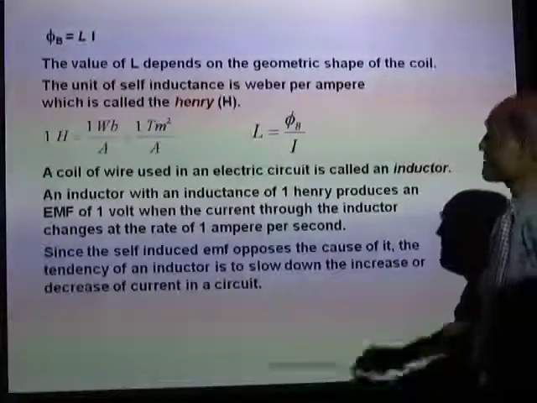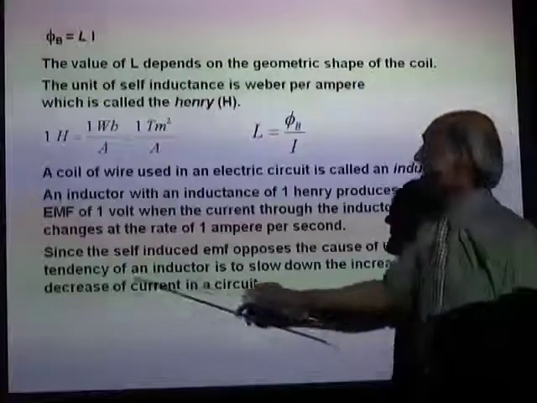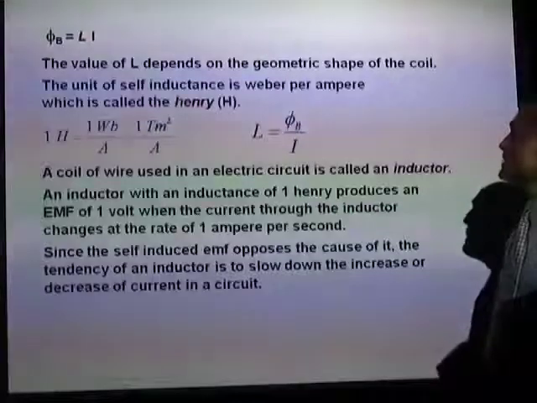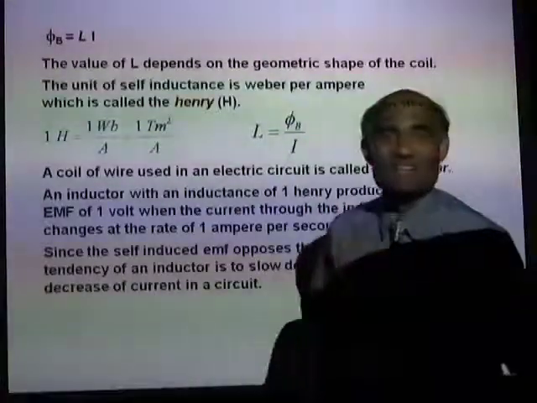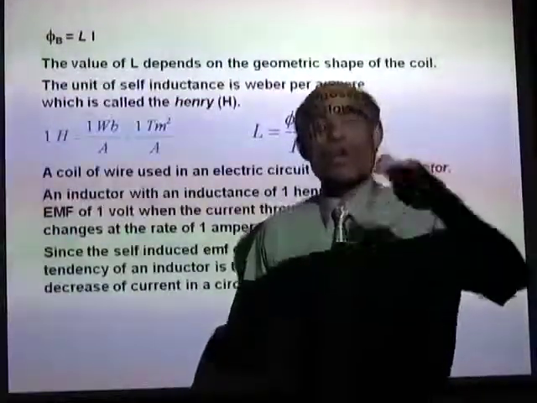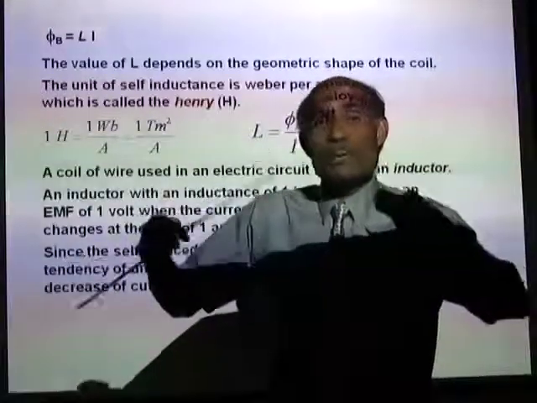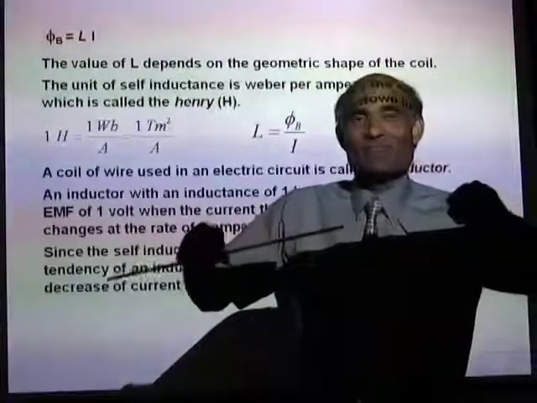Now, since the self-induced EMF opposes the cause of it, the tendency of an inductor is to slow down the increase or decrease of current in a circuit. That means if you continuously turn on and off a circuit, the induced EMF will be opposing that.